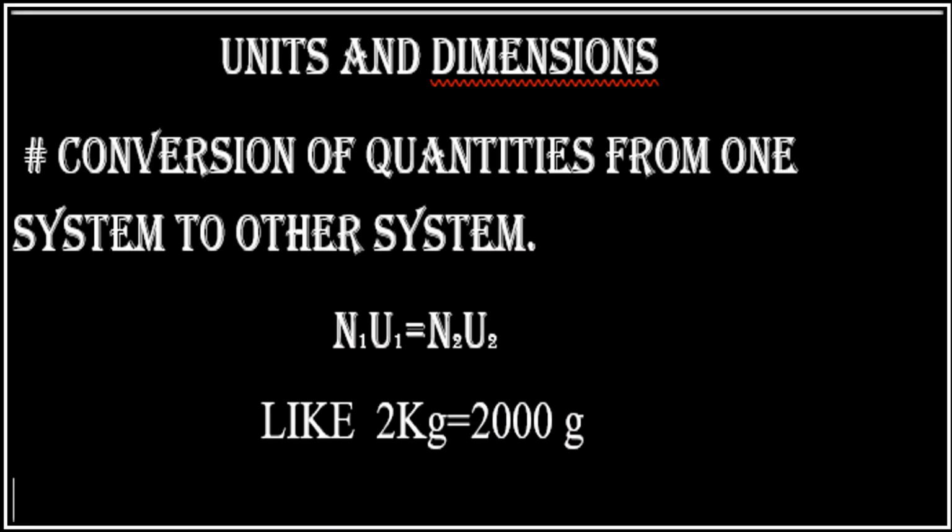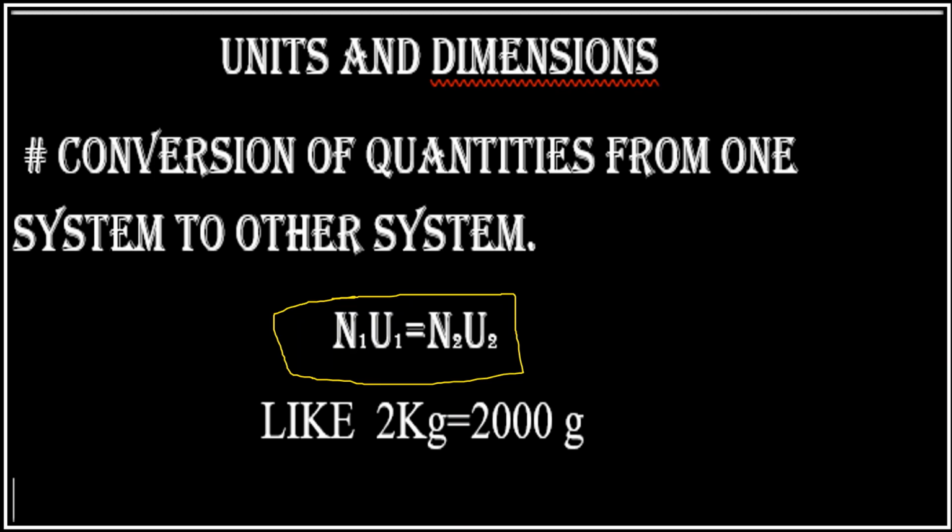This is the example. Friends, let's go for another application of dimensional formula, that's conversion of quantities from one system to another system. This is the second application of dimensional formula. Here we use a formula known as N1U1 equals N2U2. This is the most used formula in this application.